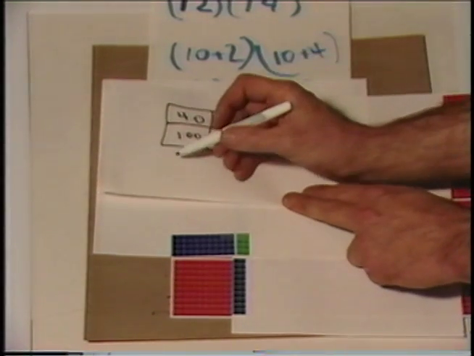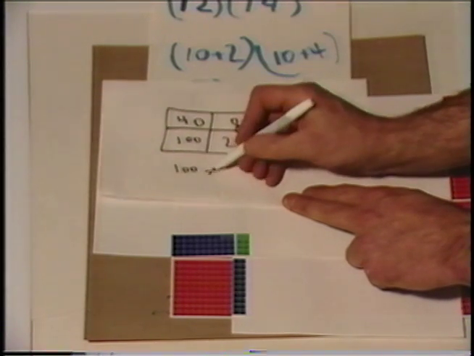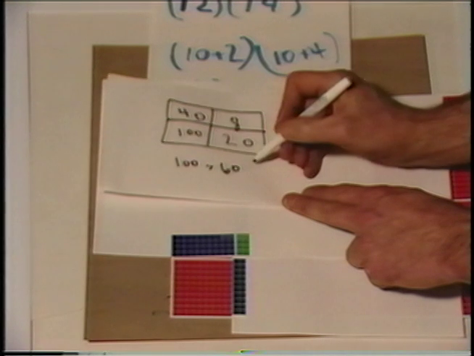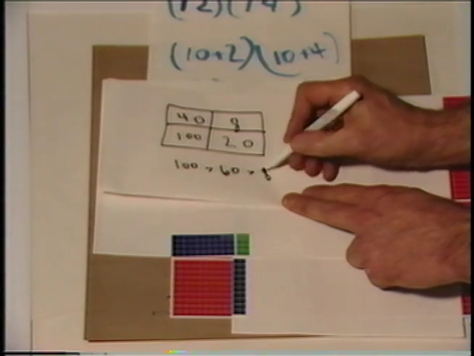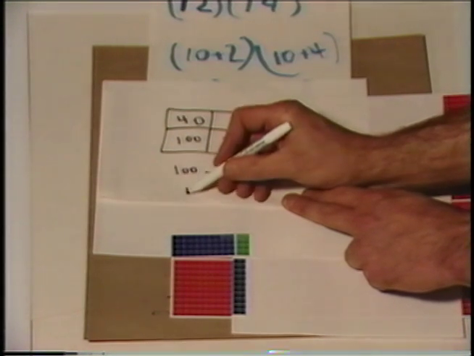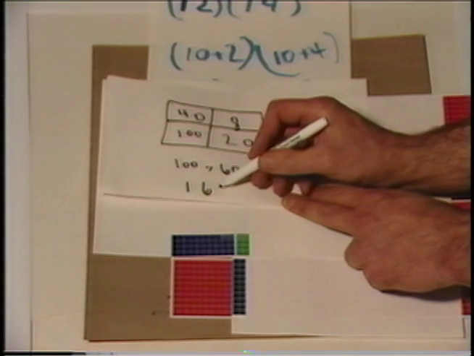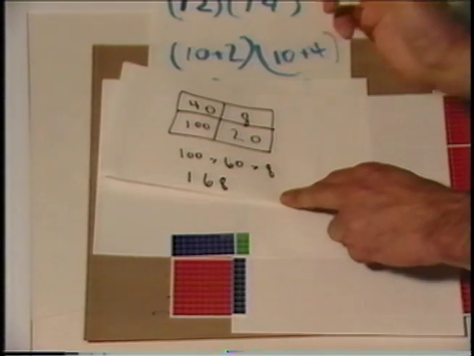So what do we have totally? We have 100, 6 tens, 8 units, or we have 168.